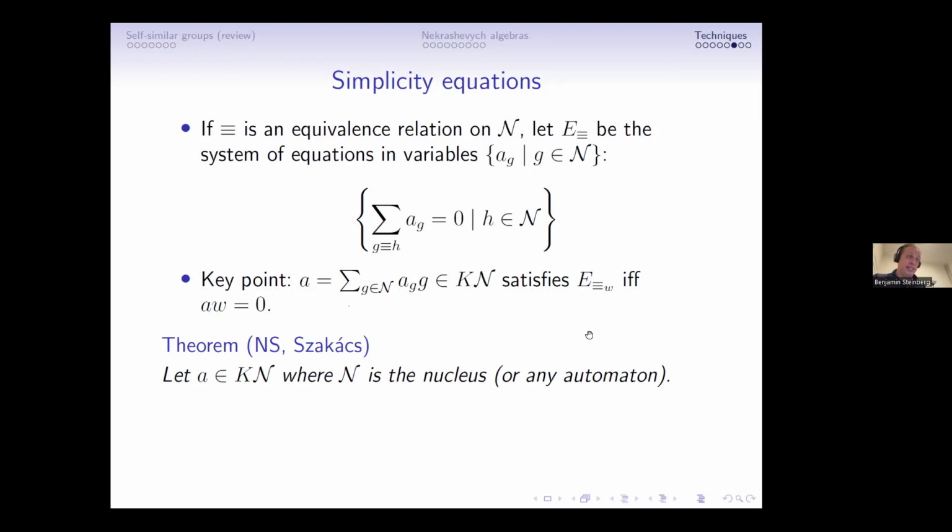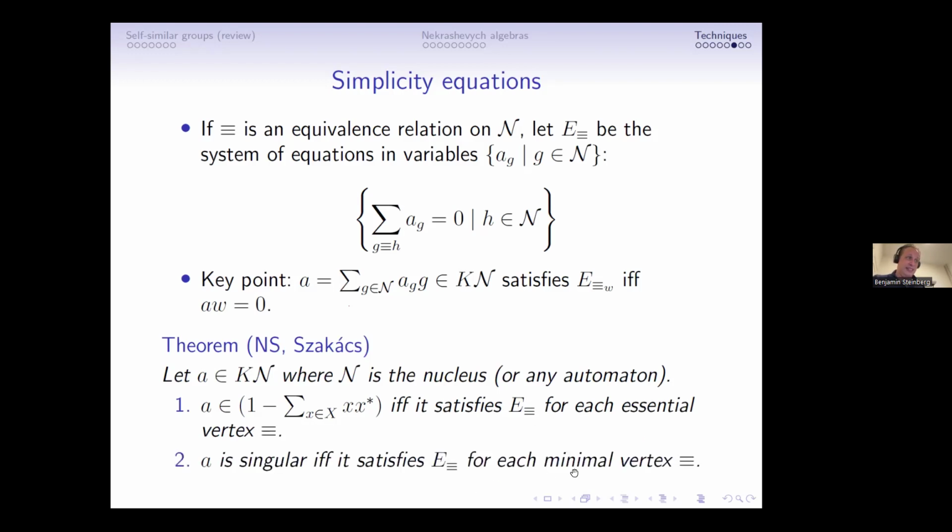And the main theorem about this stuff, again, is technical, so I'm not going to say you're necessarily going to get it, is that A belongs to the Krieger ideal if and only if it satisfies the equations associated to essential vertices. And it belongs to the singular ideal if and only if it satisfies the equations corresponding to minimal vertices. So there's a finite set of minimal vertices and a finite set of essential vertices.